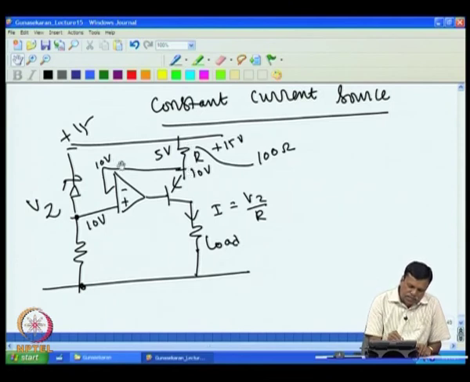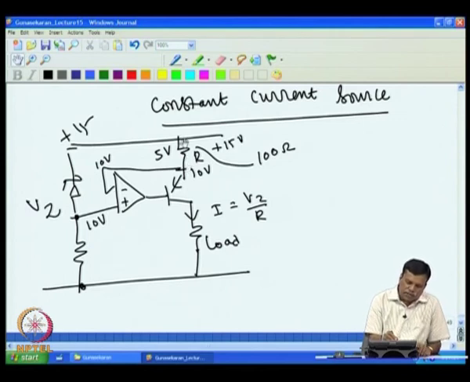If this comes less than 10, and this is 10, then automatically the output will go high and the base emitter voltage difference will decrease, and that will make less current flow. So the current flowing through this will reduce.